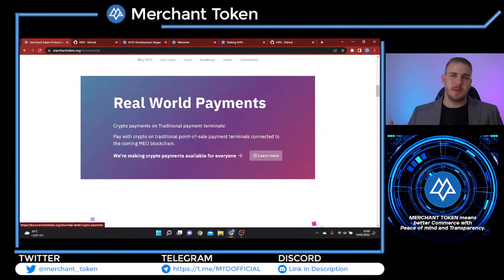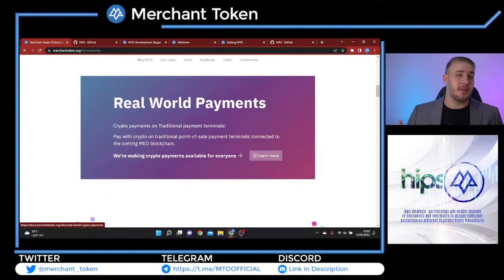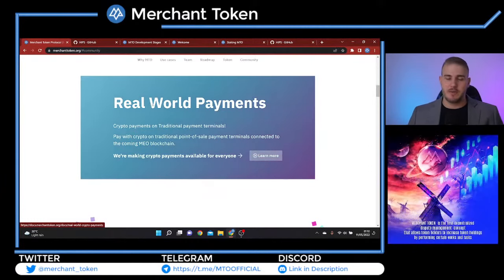We believe the normal people out there are not going to be learning something new just to be able to use a payment method which is extremely volatile, to give you an example.